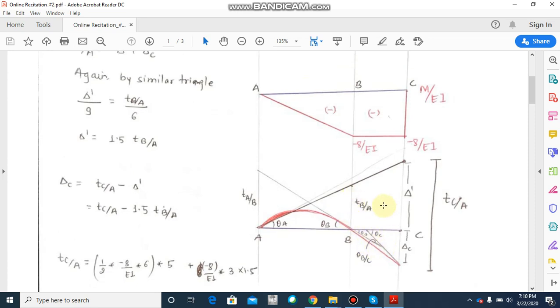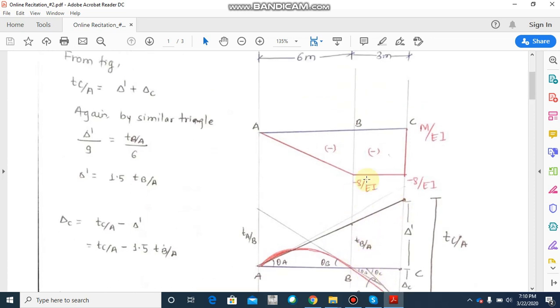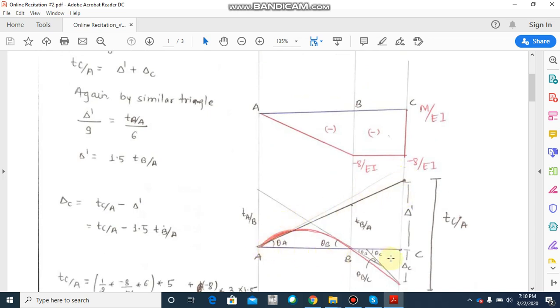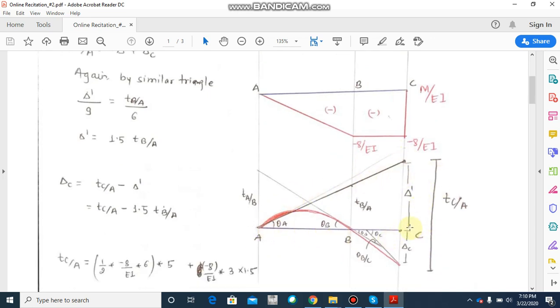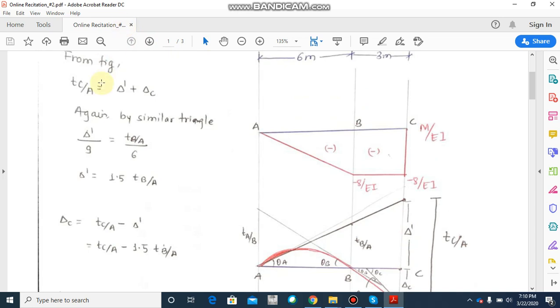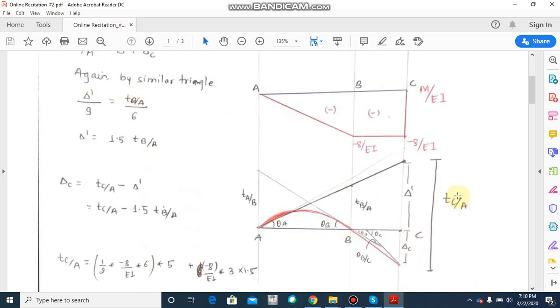So from this diagram we easily see that t_C/A equals delta dash plus delta C, and from the similar triangle, delta dash by this length 6 plus 3 equals 9 equals t_B/A upon 6.